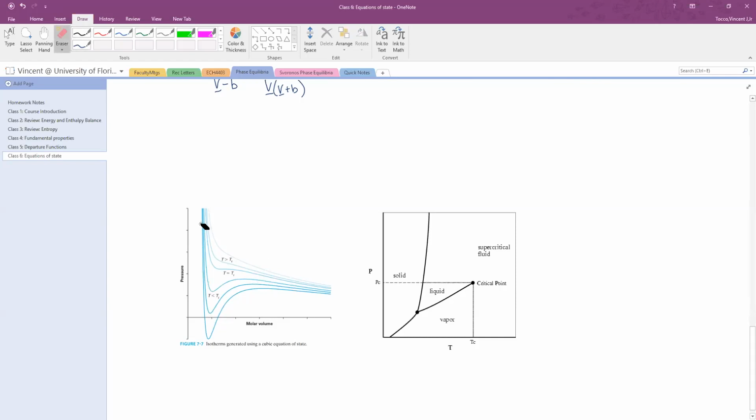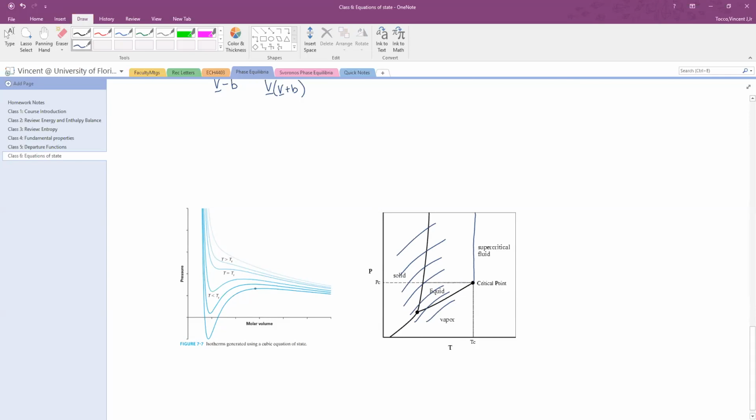So again, these curves that go down and have a minimum and a maximum are all for temperatures that are less than the critical temperature. So this is a phase diagram of P versus T. The critical temperature is there, so it goes all the way up. And below the critical temperature, so on the left side of this graph, a fluid can exist as a liquid or a vapor.